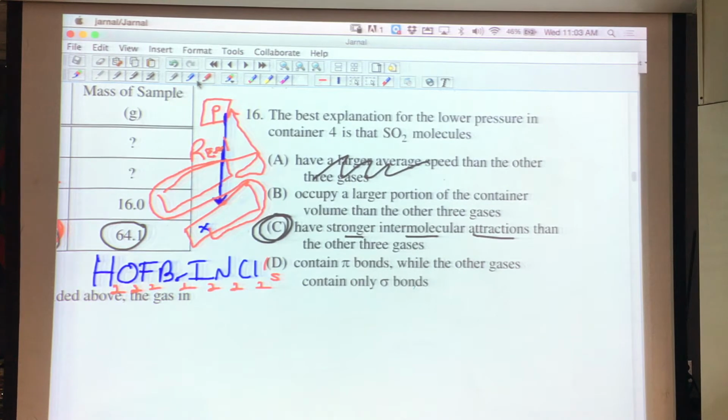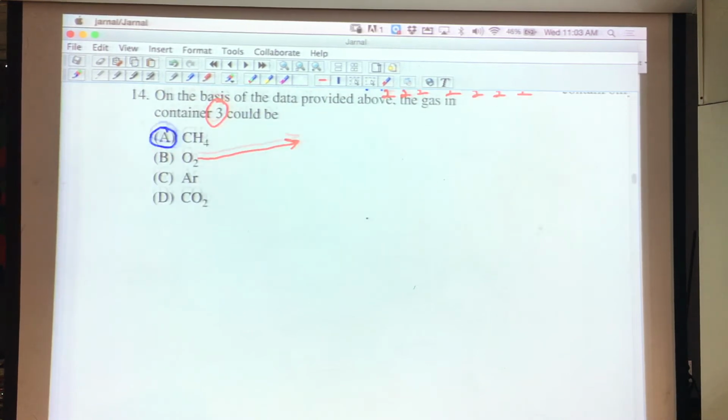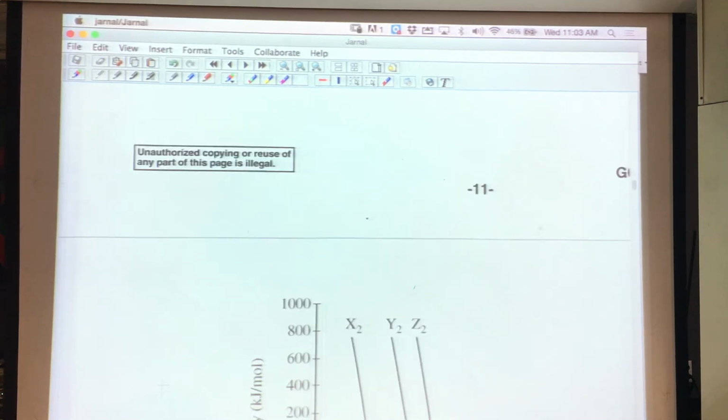Because they have attractions, they're deviating from ideal behavior. That's what that question is about. And they will pop up, maybe as a picture question. I can see this as a picture question. Pick the real gas. And you're going to pick the gas that what? Curves. I really believe you're going to see something like that. I haven't seen it in these 3 tests, but it's very possible. That's what this question was hitting. That's why it's good to review these with me.